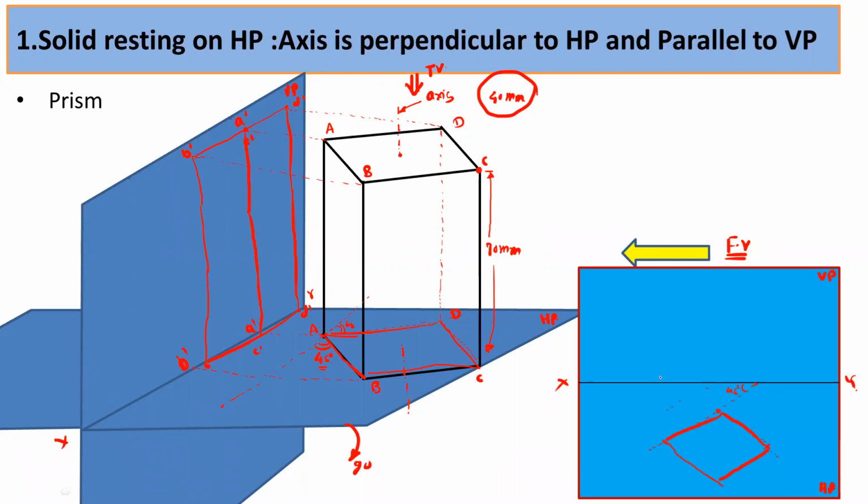Okay. Now to complete the front view, take the projection like this and take the height. So height is 70 mm. So extend this projector or draw a vertical line at 70 mm.